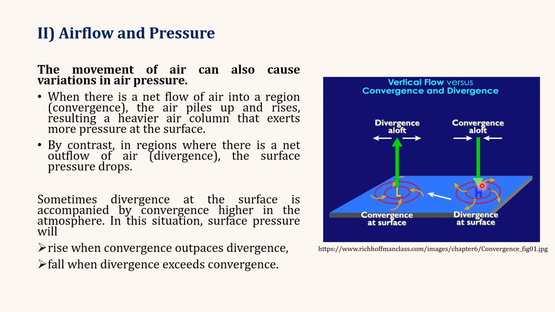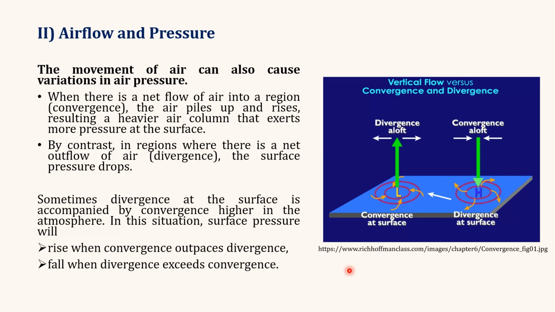The pressure variation because of airflow is a little complicated phenomenon, because the divergence at the surface is accompanied by convergence higher in the atmosphere. So when we have such a condition, the surface pressure will rise when convergence is more than divergence, and surface pressure will fall when divergence is more than convergence.